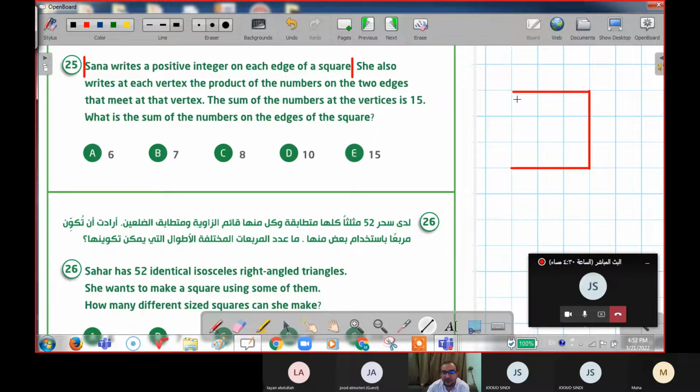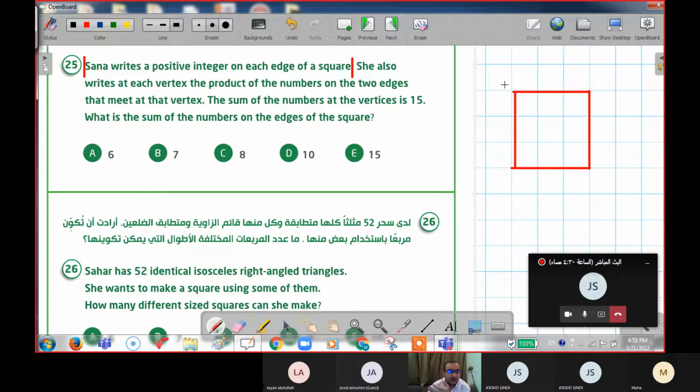So this is a square, for example A, B, C, and D. Sana writes a positive integer number like 2, 3, 4, 5, 7, not a decimal number, like you can see in real life.